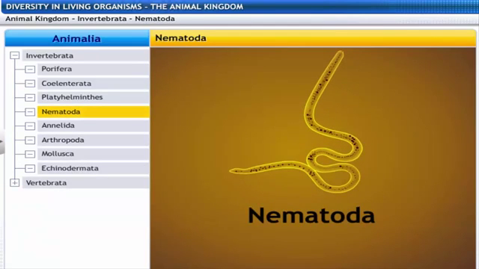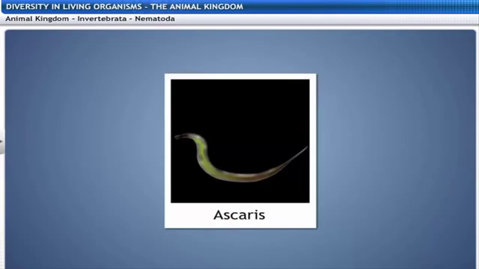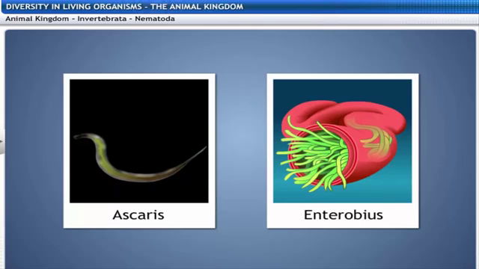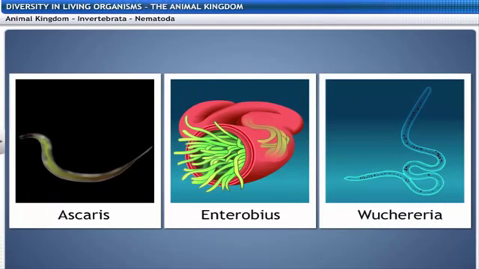Nematoda get their name from 2 Greek words, nema, which means thread, and oid, which means like. The phylum Nematoda includes Ascaris, Enterobius, and Wuchereria.